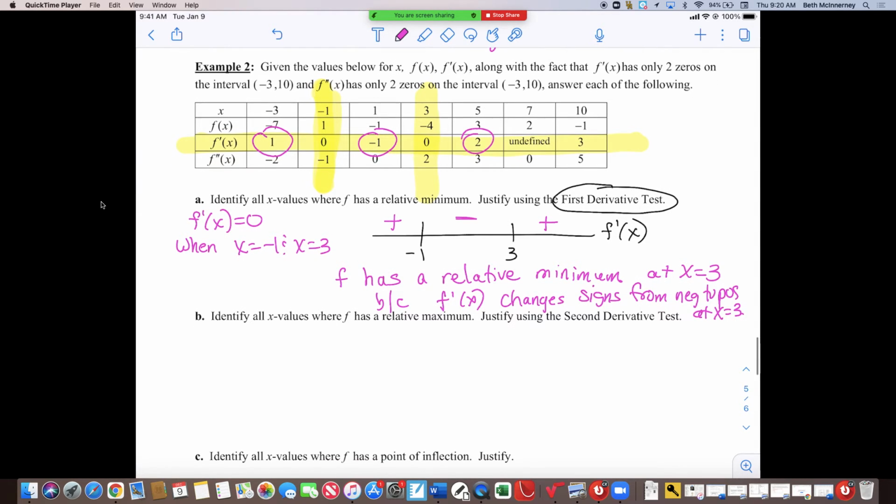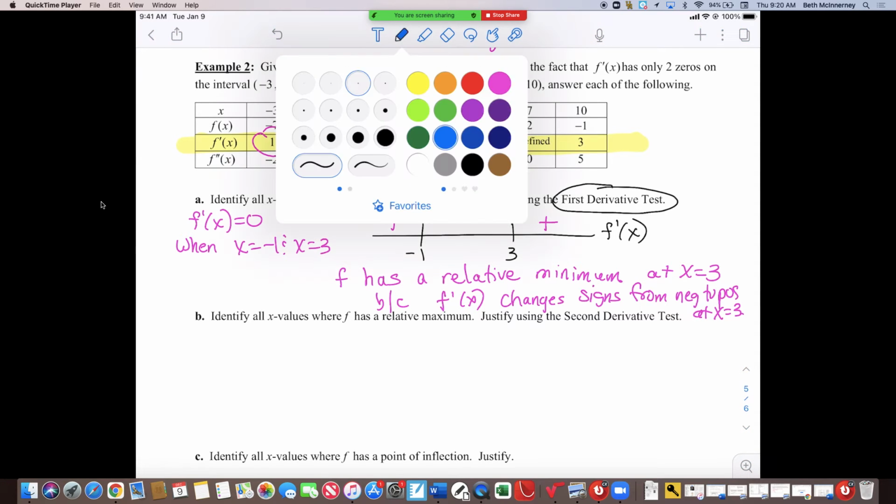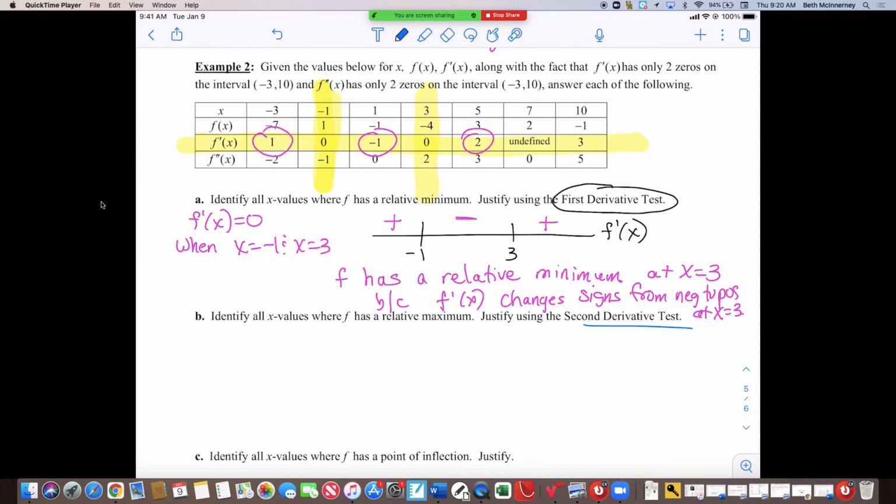All right, so then, Julia, I think you probably did part B beautifully, because this is the second derivative test. I already know this information, right? f prime of x is 0 when x is -1 and x is 3, so I have that.